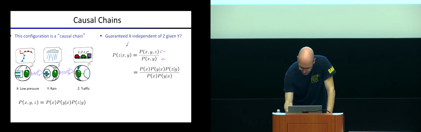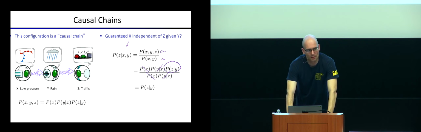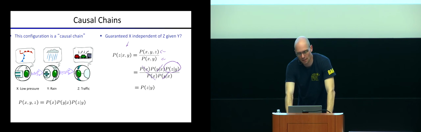Now we can simplify. What we're left with is just Z given Y. So the conditional of Z given X and Y equals the conditional of Z given Y, which means Z is independent of X given Y.